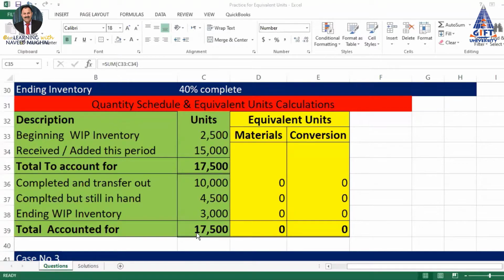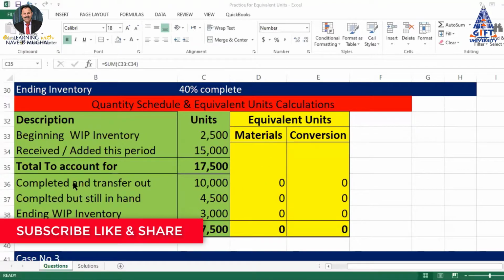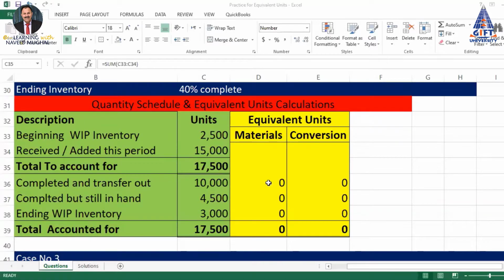In this way, we can reconcile 17,500 units in total. When we compute equivalent units for each category, here we have two categories, materials and conversion. With respect to materials, I have already explained that completed units are completed in all aspects.